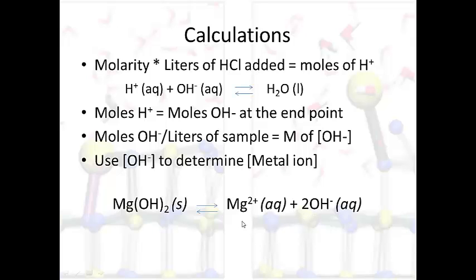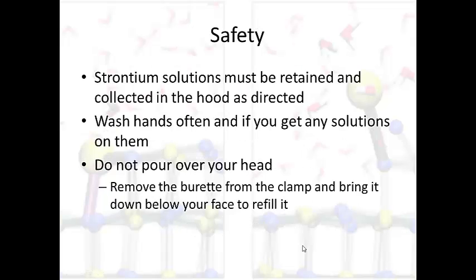So you can do a mole-mole ratio and change hydroxide ion concentration into whatever metal ion you're talking about. You'll have 3 different kinds. Once you have your hydroxide ion concentration and your metal ion concentration, you can put it into this KSP formula and solve.